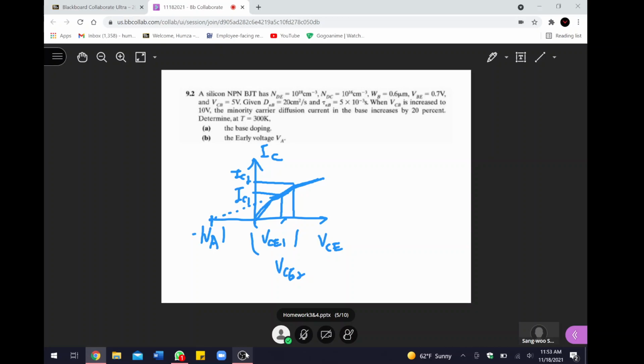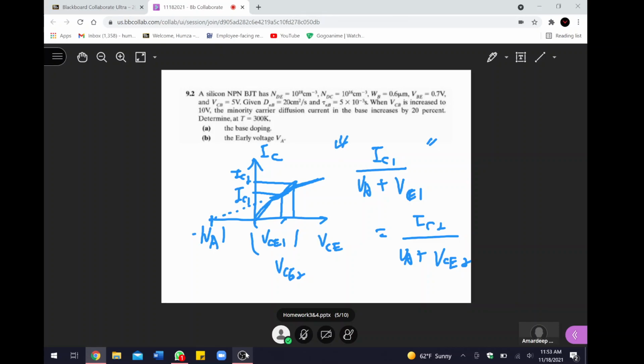So from there you're going to have the relationship IC1 divided by VA plus VCE1 should be equal to IC2 divided by VA plus VCE2, because the slope needs to be the same. Basically, this question is asking whether you can understand this relationship.